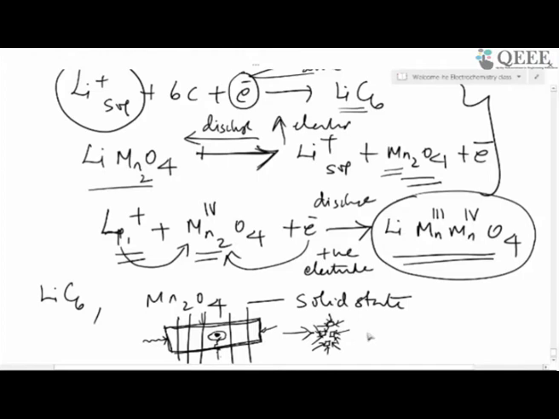So the reaction requires less energy penalty, and the over potential of the cell will be lower. So this is where you can make use of nanotechnology to design an electrode wherein the over potential due to lithium diffusion is reduced, so that it is available as electrical energy for you. This is how you can maximize the performance of the battery.